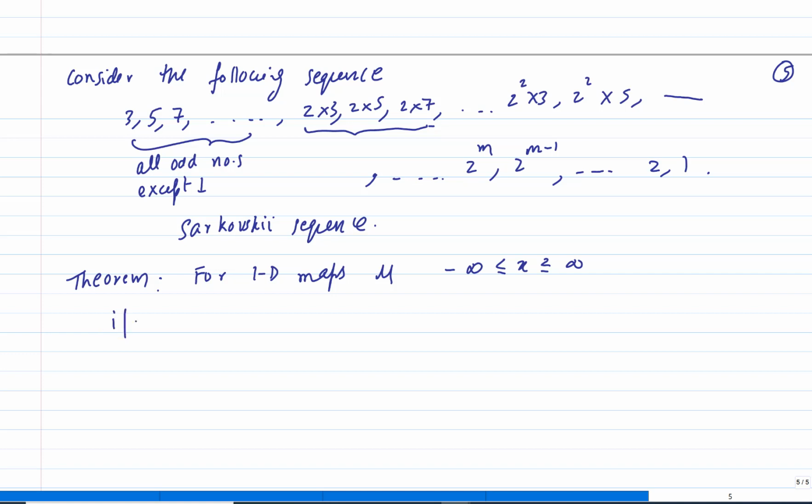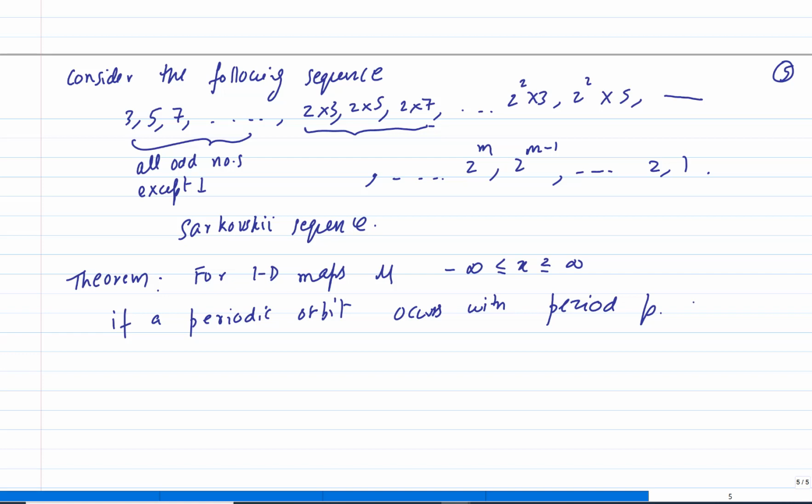If a periodic orbit occurs with period t for this particular map, then we have to find where p is in this Sarkovsky sequence.